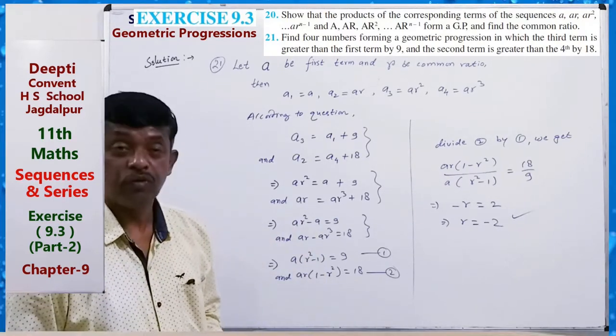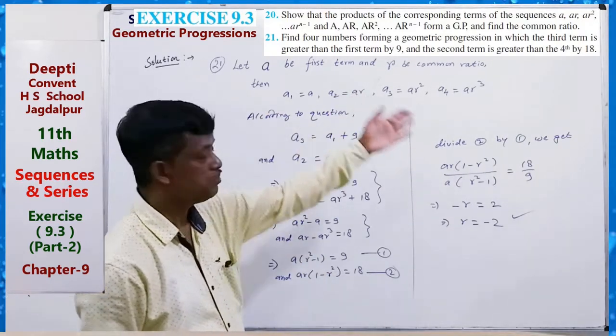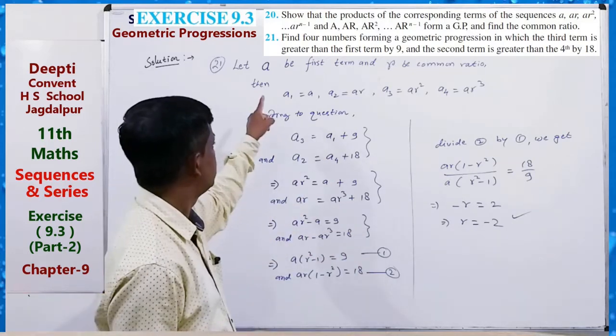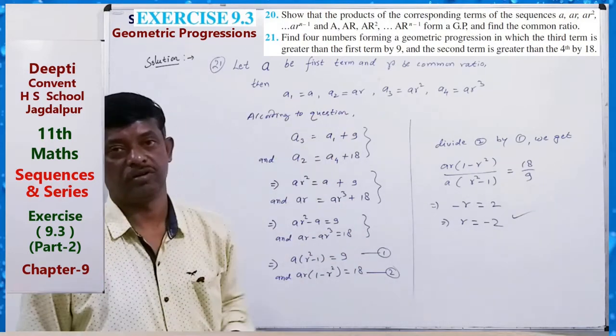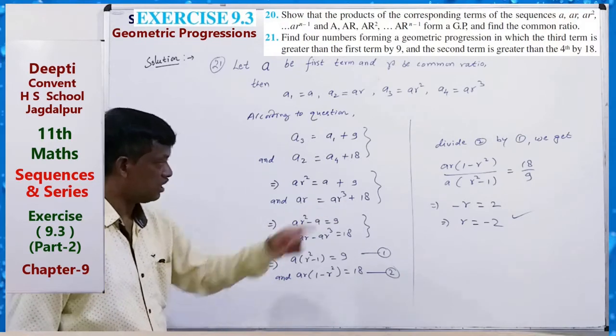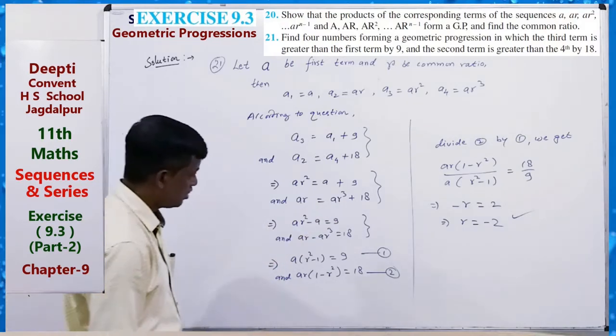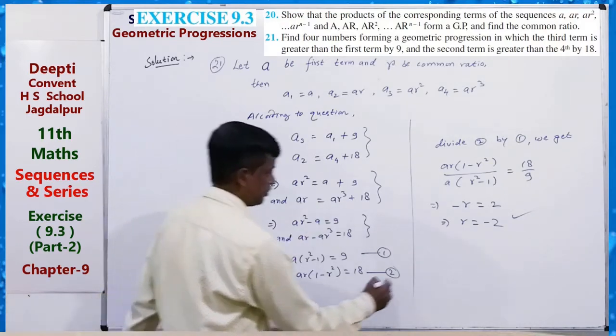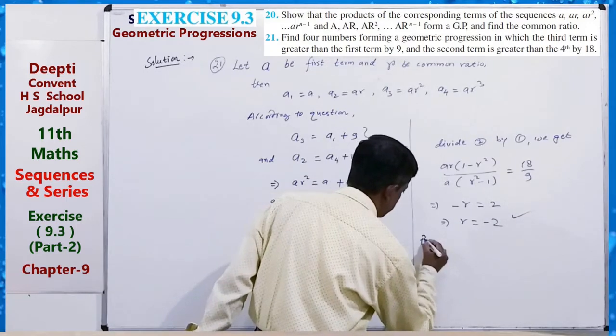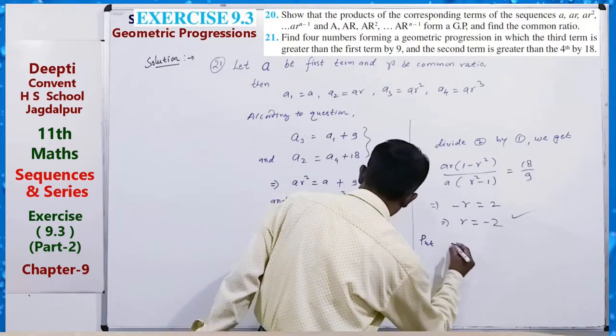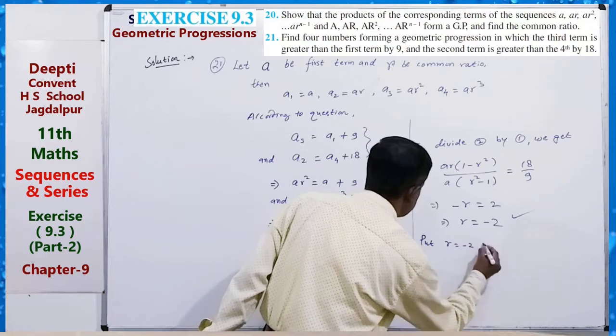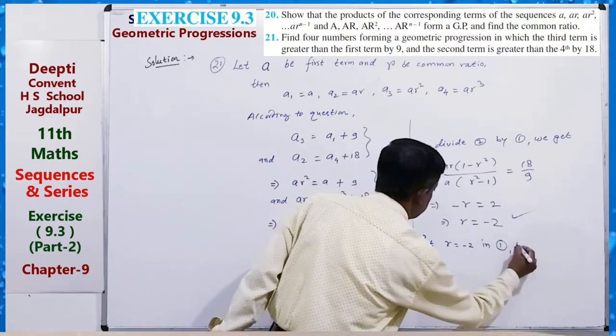Okay, so we have to find four numbers which form a GP, that is A1, A2, A3, A4. Here R equals minus 2. Put R equals minus 2 in equation 1.